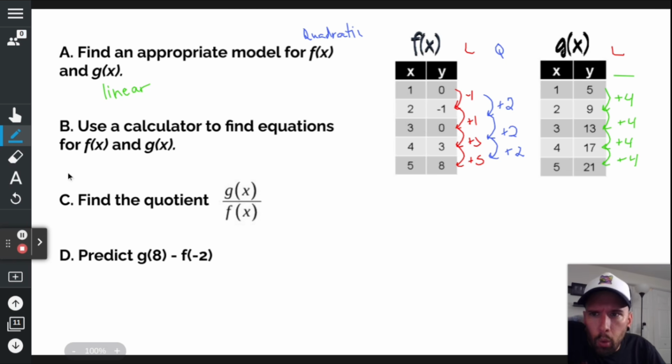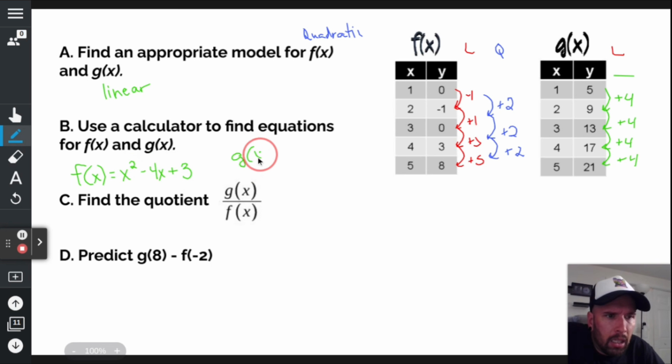All right, so f of x ended up being, I have it written down, x squared minus 4x plus 3, and g of x ended up being 4x, I'm looking at the wrong thing, minus 1.4. That's why I said point. All right.